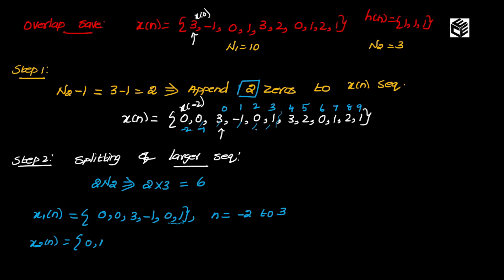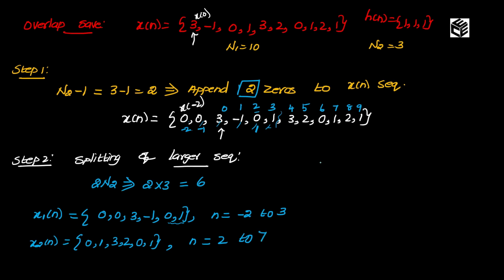So I will start from 0, 1. So 0, 1, 0, 1, 3, 2, 0, 1. Here my n value starts from 2 and ends at 7.